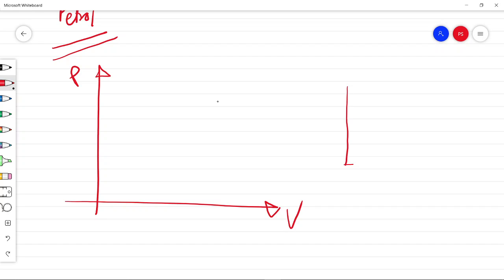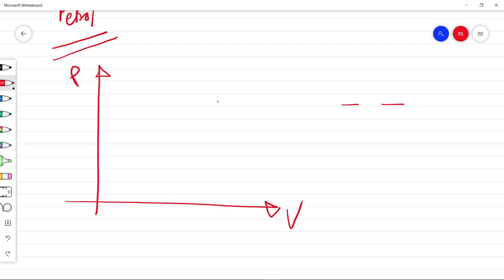It consists of a typical cylinder piston arrangement, and the piston can move up and down. In order to understand this, let us just invert this in a more traditional looking way so that the picture becomes clear.